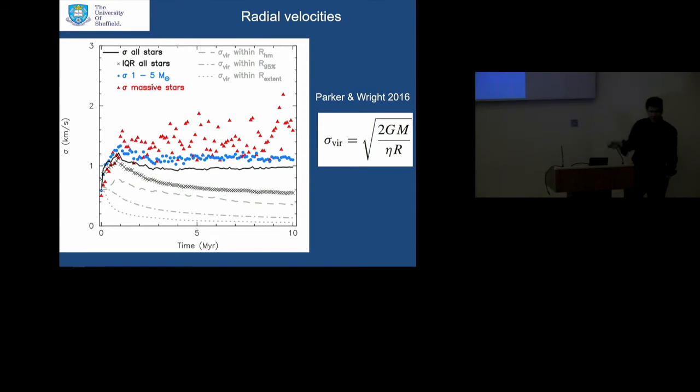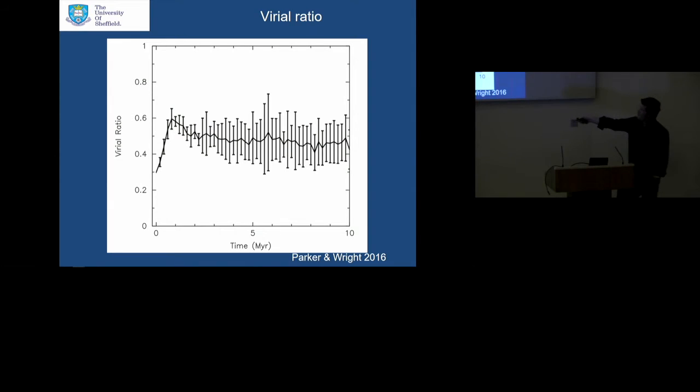So that's telling us that the regions are highly supervirial, so they're expanding. Unfortunately, that's not the whole story. If you measure the virial ratio directly in the simulations, then you see that you start off subvirial, there's a collapse and a bounce, where the region is supervirial for a short period of time, but then it relaxes to somewhere that's roughly in virial equilibrium.